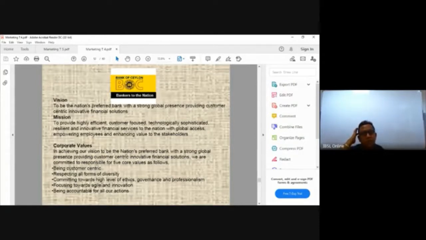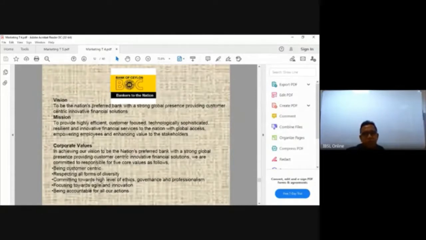I hope you are all sticking to these values as Bank of Ceylon employees. Customer-centric means the customer is the number one focus, a customer-focus approach. Respecting all forms of diversity means equally treating every race and religion.